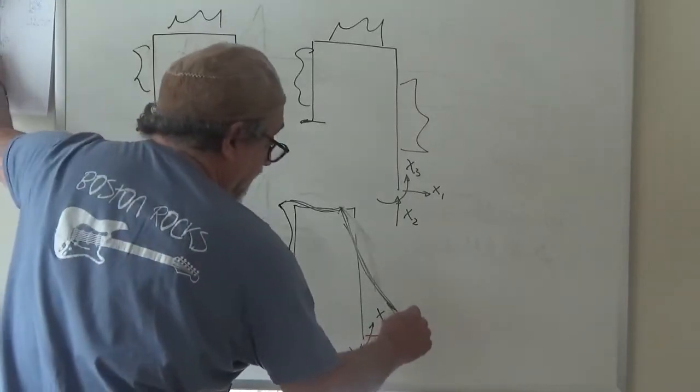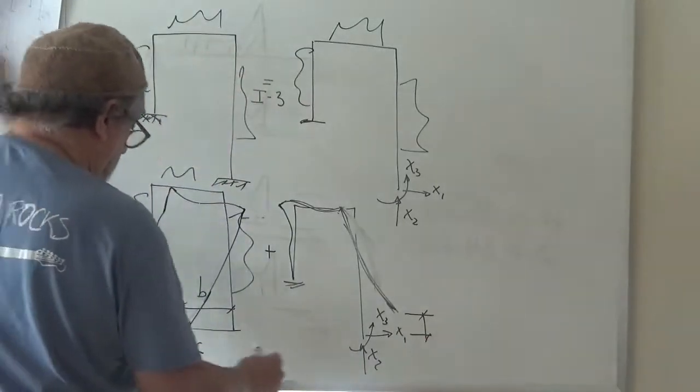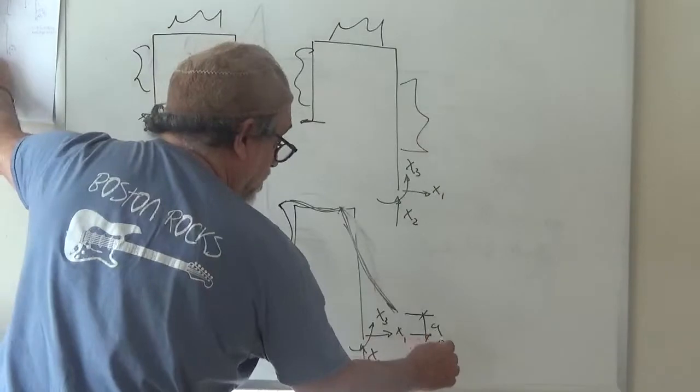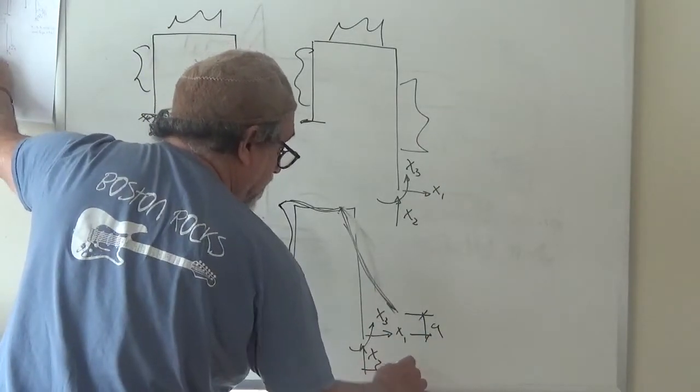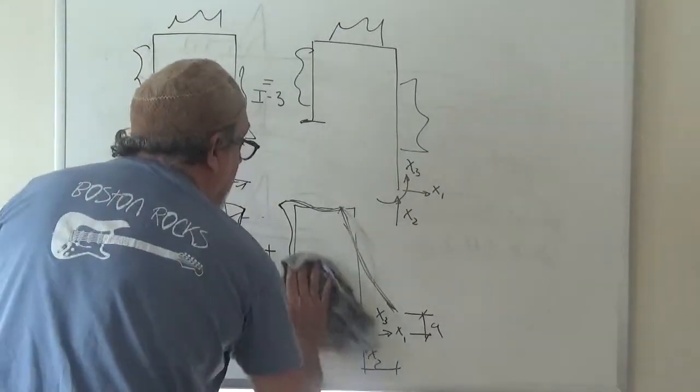But the point is that this thing will move up from where it used to be by an amount that has to be A. It has to move to the right by an amount, actually, you know what, this is bothering me just looking at it being wrong.